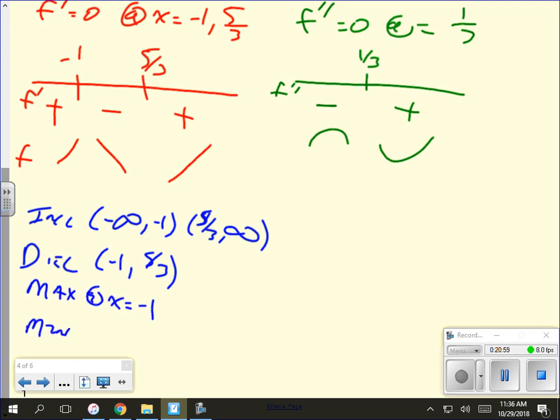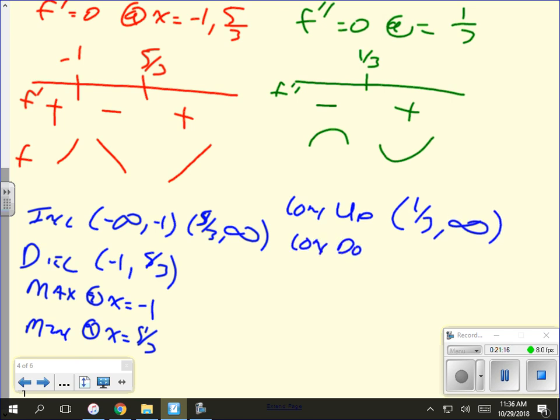I have a min at x equals positive 5/3. It is concave up from 1/3 to infinity, concave down from negative infinity to 1/3, and it has a point of inflection at x equals 1/3.